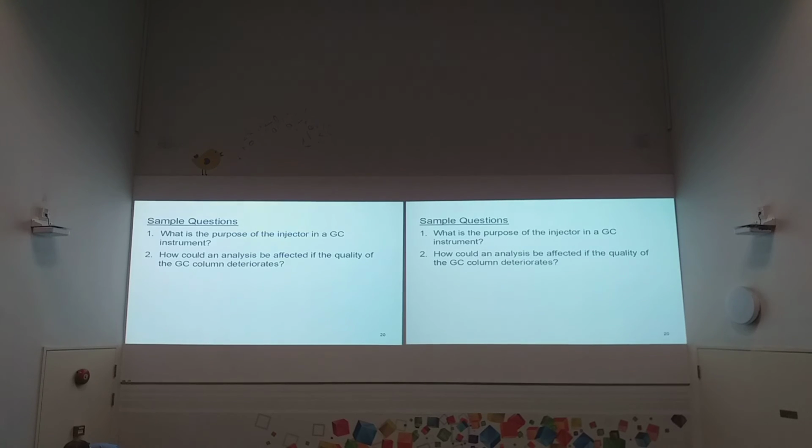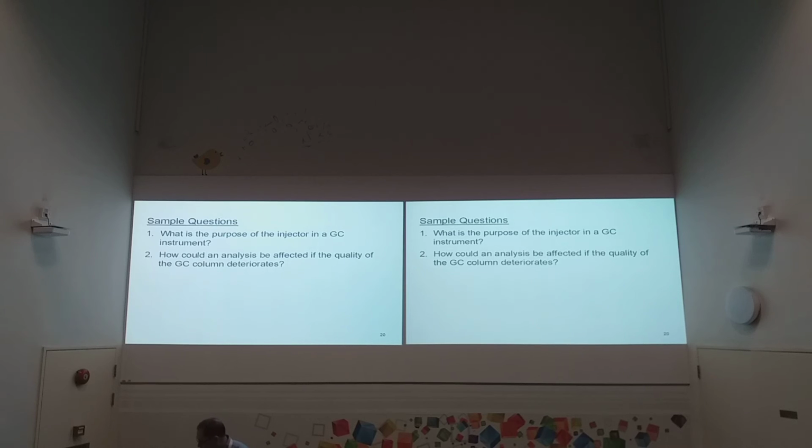Right, so with this, we now understand very well the function of the injector. And then, how could an analysis be affected by the quality of the GC column if the column has deteriorated? Can you make a guess?